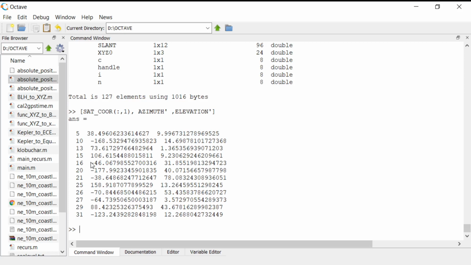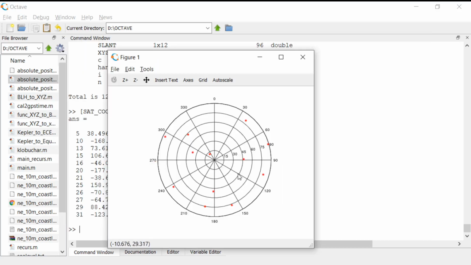As you see here, the fifth satellite is at an azimuth of nearly 38 and 9 degrees elevation angle. So you see it is here, 75 and 80 degrees.